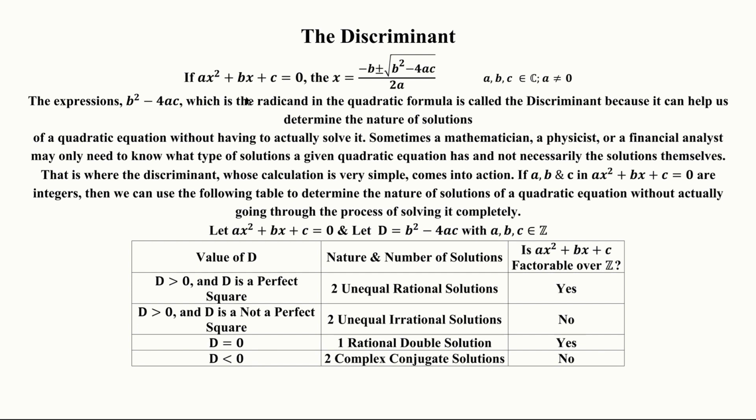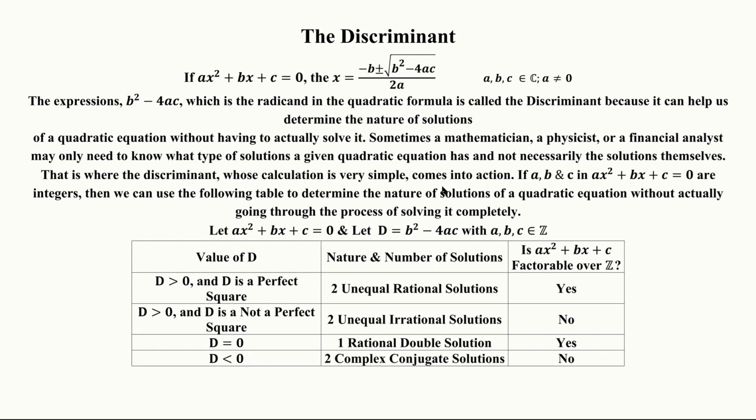Most of the quadratic equations we're going to encounter, even though they may have complex solutions, have real coefficients. And sometimes we just want to know the nature of the solutions without actually having to solve them. So that's where the discriminant comes in.